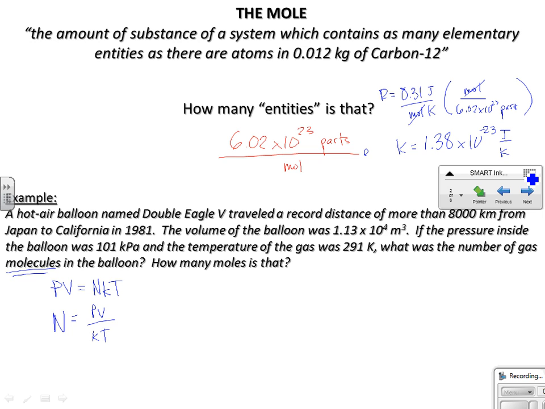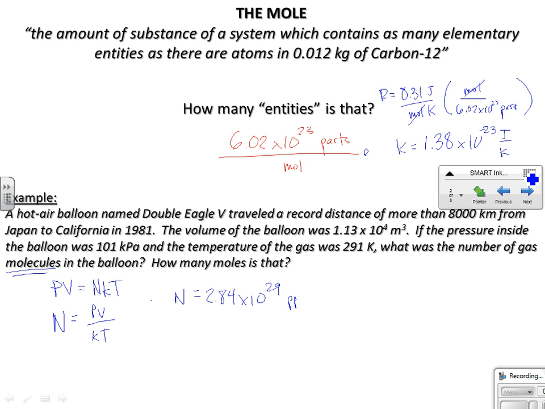You have to use it in pascals. 101,000 times volume 1.13E4 divided by parentheses k, 1.38E negative 23 times temperature 291. I get N is 2.84 times 10 to the 29th particles.